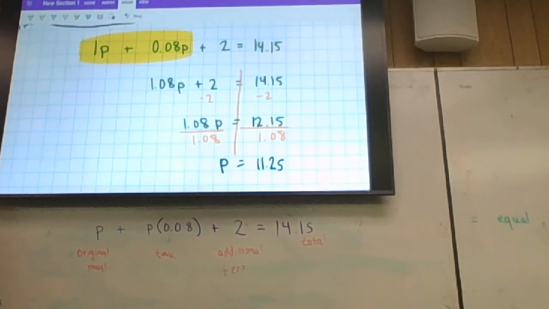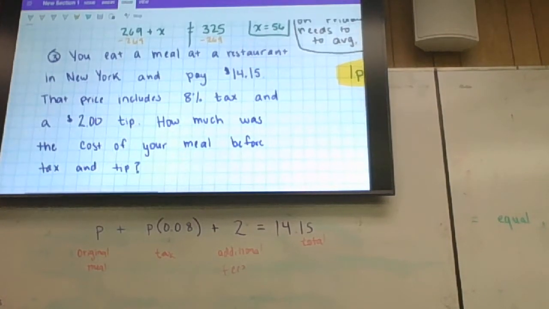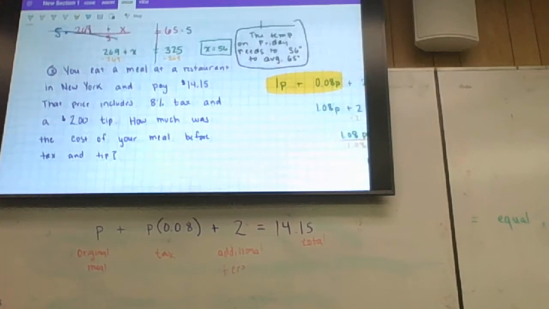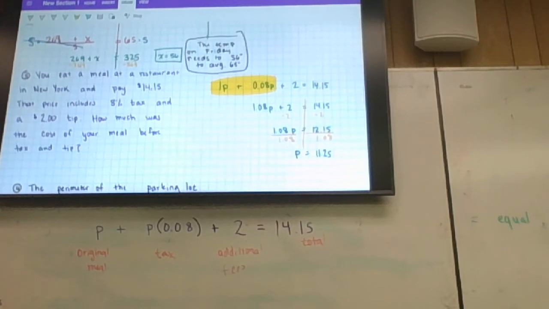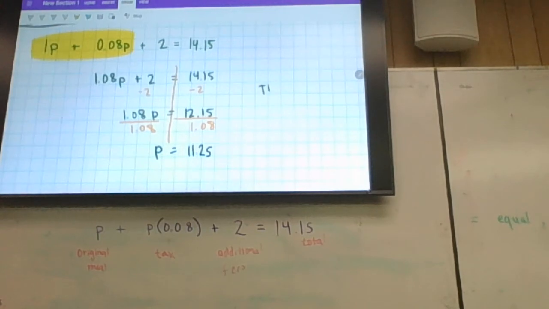So now we need to make a complete sentence answer. Braden, can you do it? What's the word problem about? A meal. So what do you think the 11.25 represents? The price before the tax and the $2 tip. Yep. So when you opened your menu at Shake Station, your price was $11.25. You paid the register $14.15, but on the menu it was $11.25.